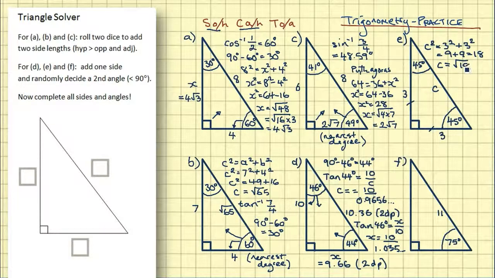But square root of 18 is the square root of 9 times 2, and square root of 9 is 3. So c equals 3 root 2, and that's completed problem E. We've got 3, 3, and 3 root 2. 45, 45, and 90.